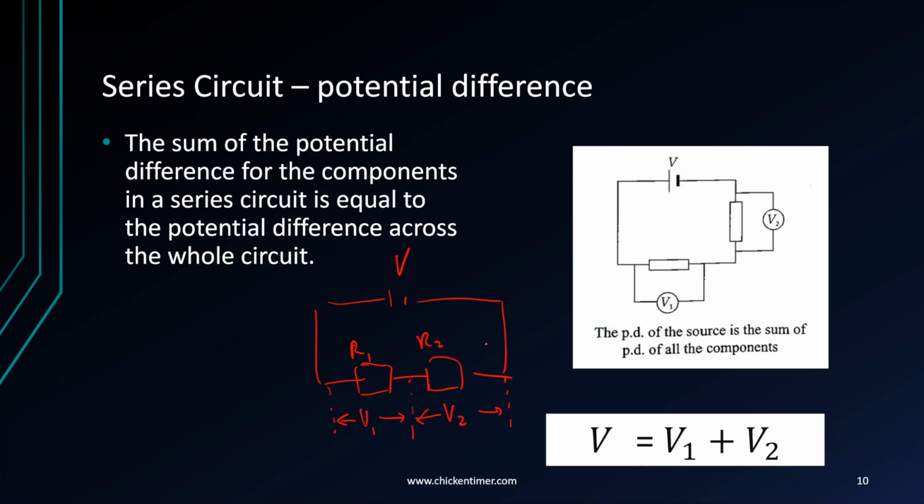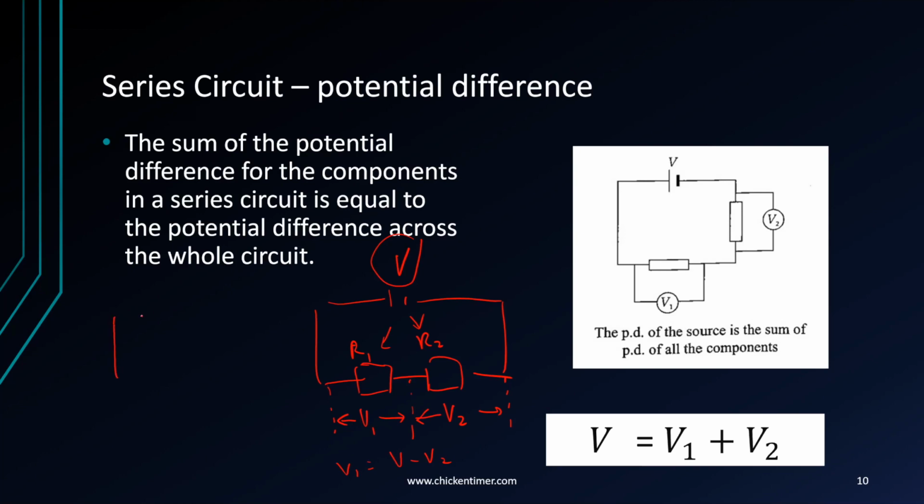So the PD, right? The V here is split into two parts, V1 and V2. So in order to find V, you will need to add up V1 and V2, which also means that if you want to find V1, you can take V minus V2.